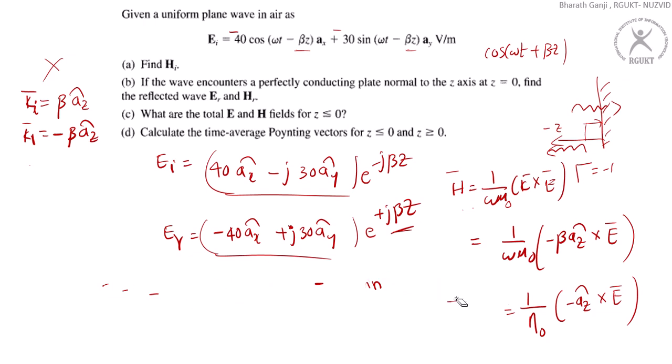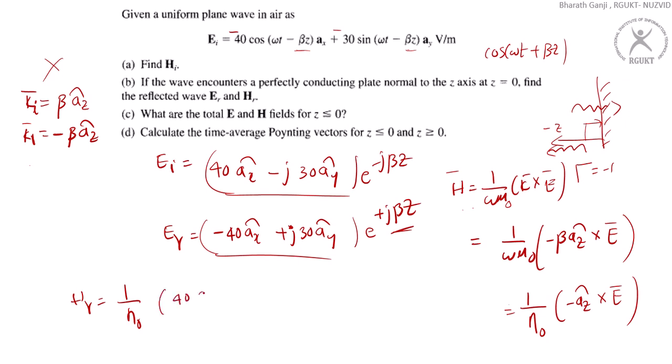Let me write it. You have 1 by eta naught in the front. You take the cross product of minus az with minus ax. Minus minus goes to plus, and az cross ax gives you ay.